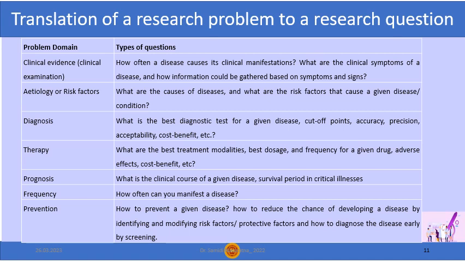And if you are a public health professional or a community physician like me, and you are interested in preventive medicine, then how to prevent a given disease, how to reduce the chance of developing a disease by identifying and modifying risk factors, then studying the epidemiology, the trends of a disease, the disease burden, other available services and facilities, and how to diagnose the disease early by screening.